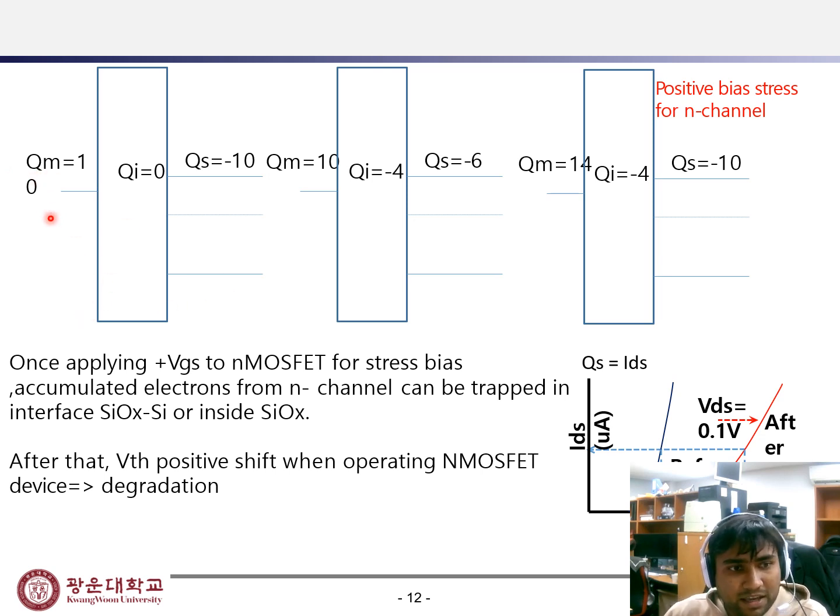If we apply a positive VGS in a MOSFET for stress bias, electrons accumulate from the N channel.